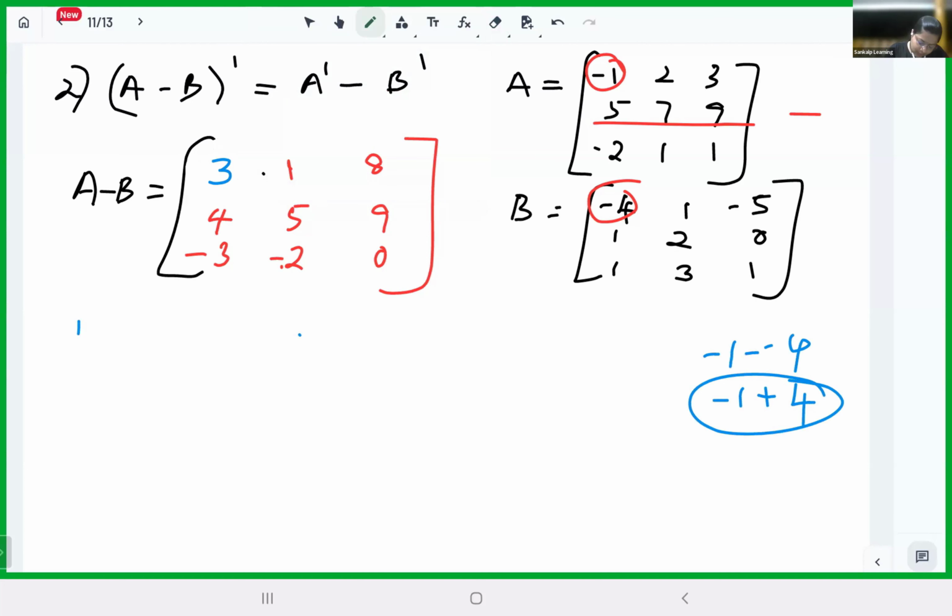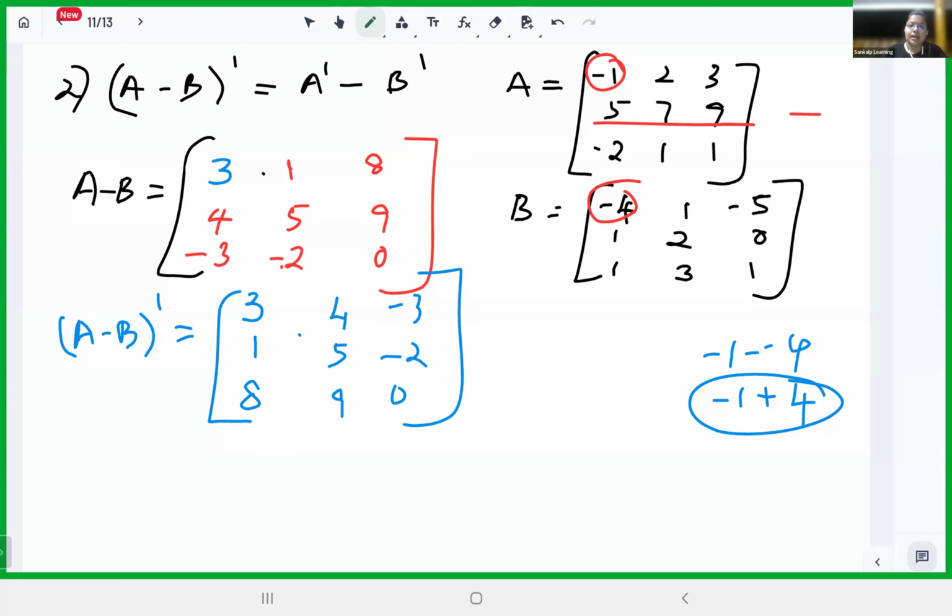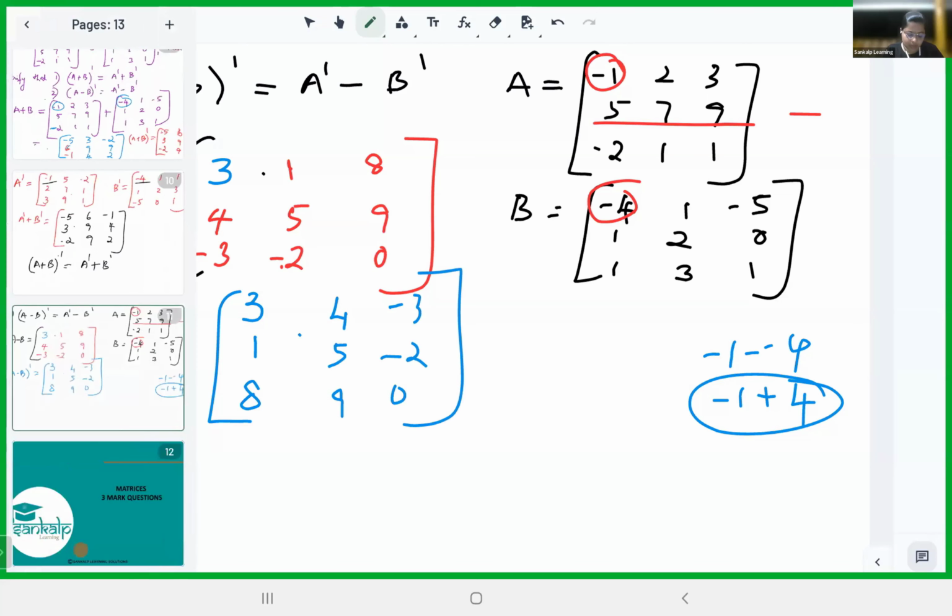All right, now we have to find out A minus B the whole transpose, the transpose of the matrix. So the transpose, you have to rearrange this first row as column 318, then 4 5 9, then this one is minus 3 minus 2 0. So this is our A minus B the whole transpose. Now we have to find out A transpose minus B transpose, right? For that we have to find out A transpose.